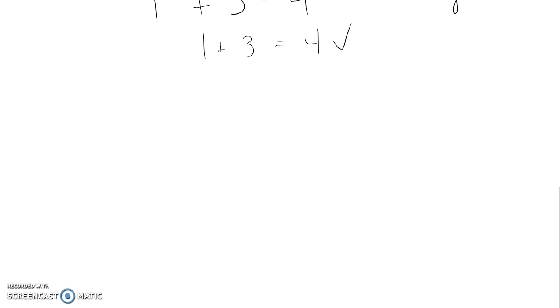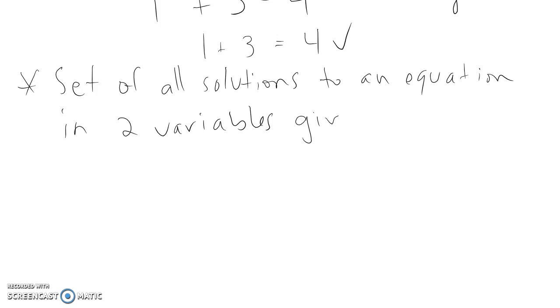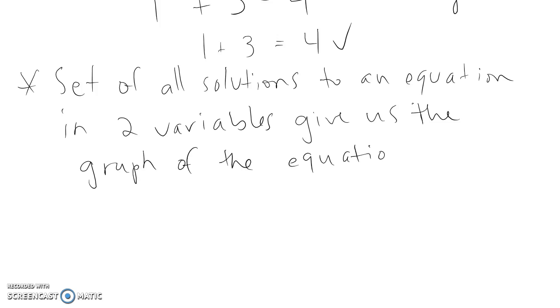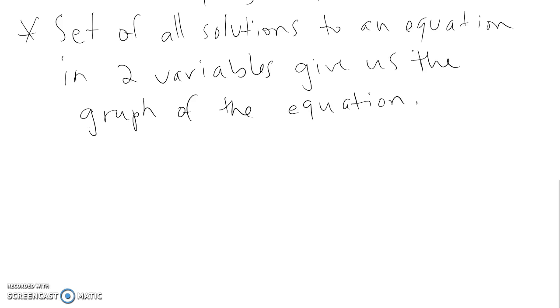So that means that the set of all solutions to an equation in two variables gives us the graph of the equation. Now we're going to graph our equation, x squared plus 3 equals y.